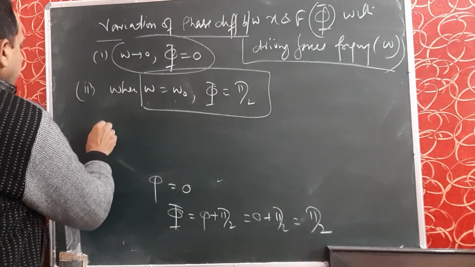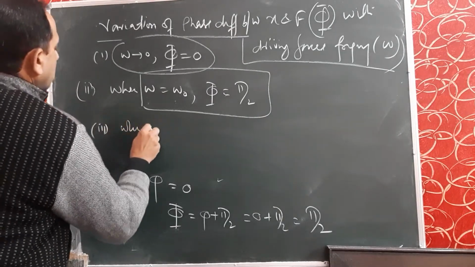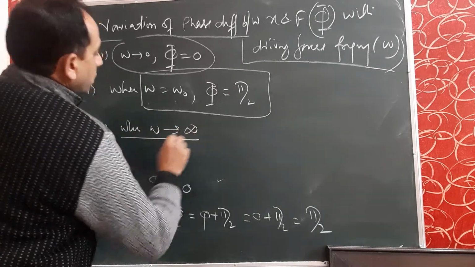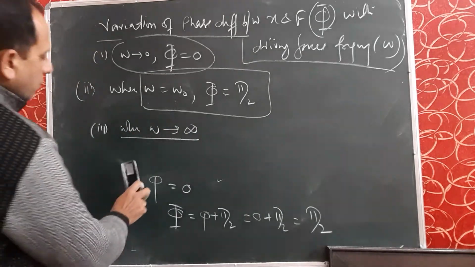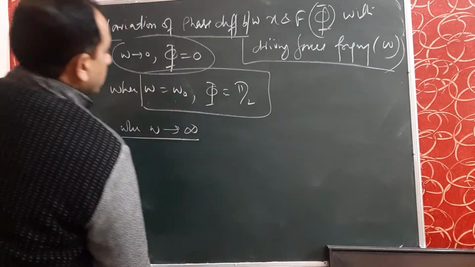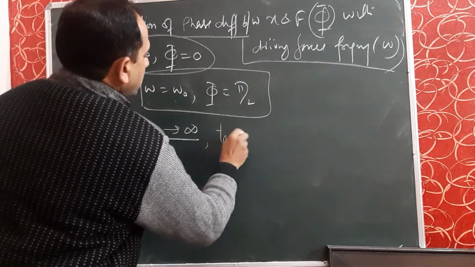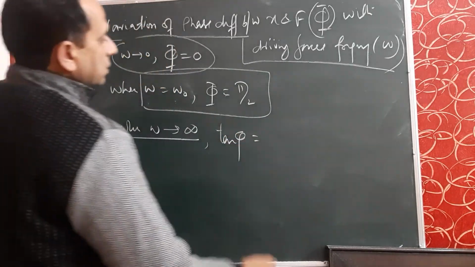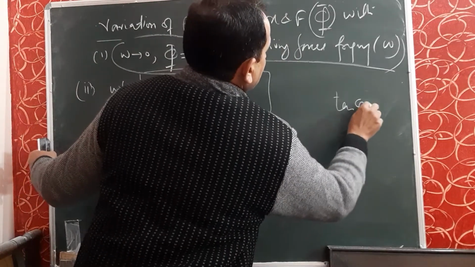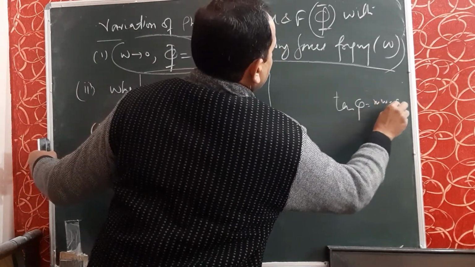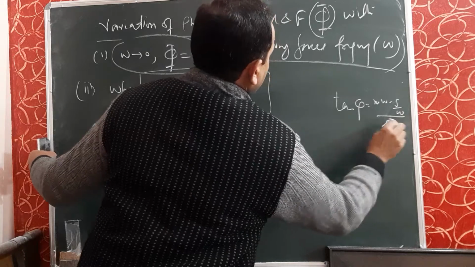Now the third one, when omega tends to infinity. So when omega tends to infinity, what will be the value of tan phi? Tan phi is m omega minus s by omega, over r.